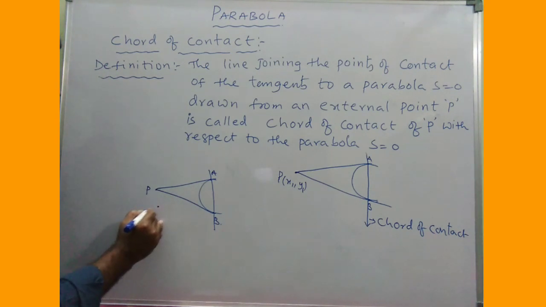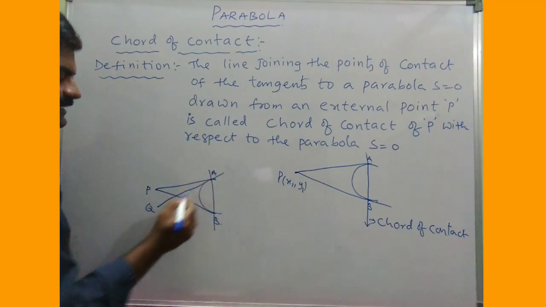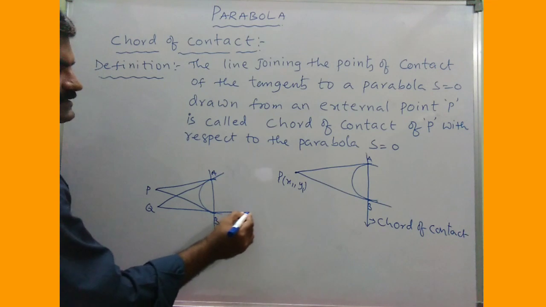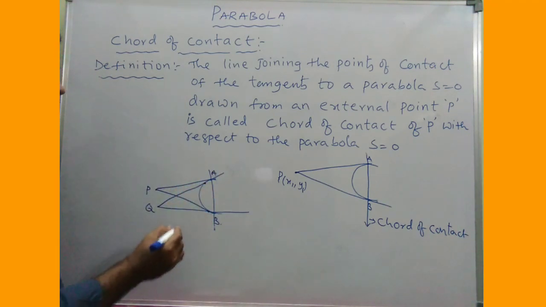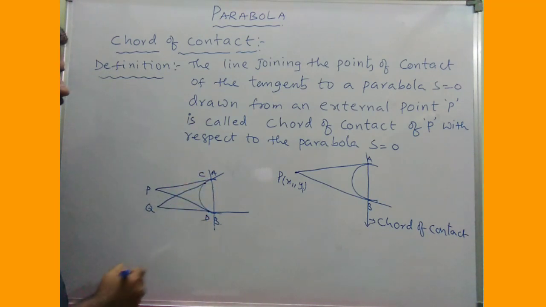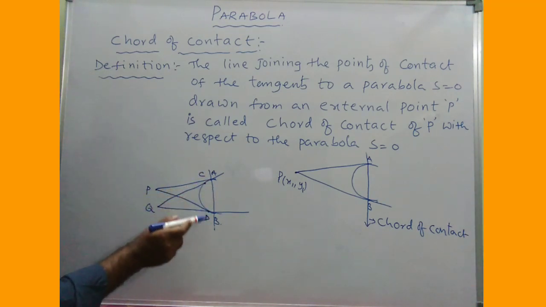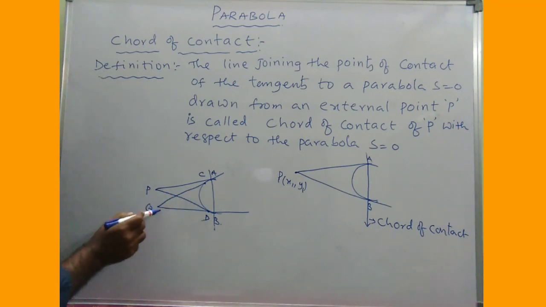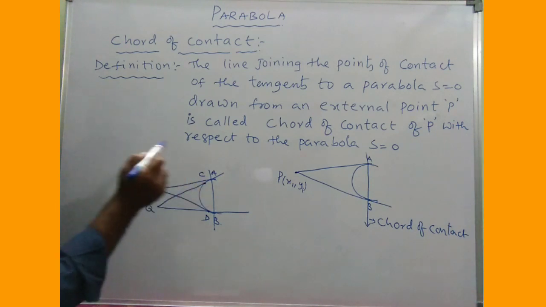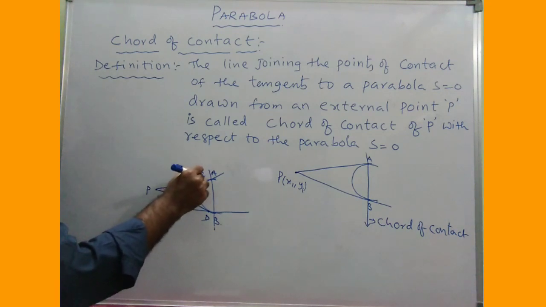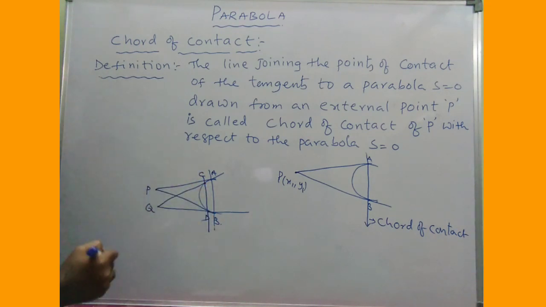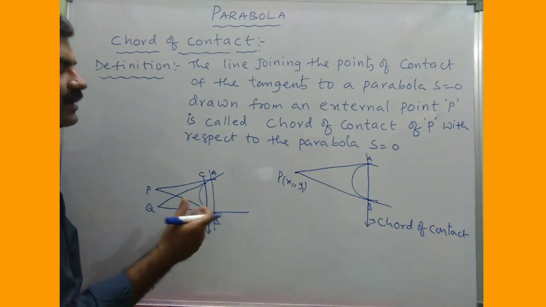Suppose Q is another external point, then through Q also there exist two tangents. Say these are the points of contact, for example C and D. So C and D are the points of contact of the tangents drawn from the external point Q to the parabola y squared equals 4ax, or generally S equals 0. Hence the line passing through these points of contact is also called a chord of contact.